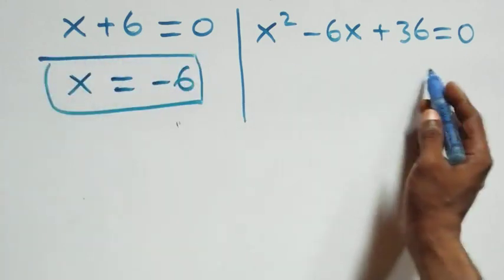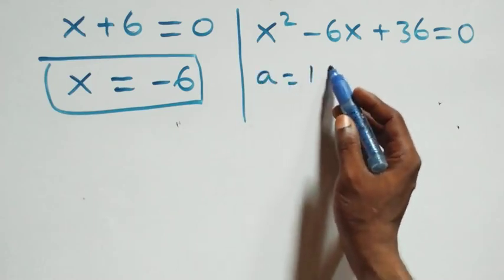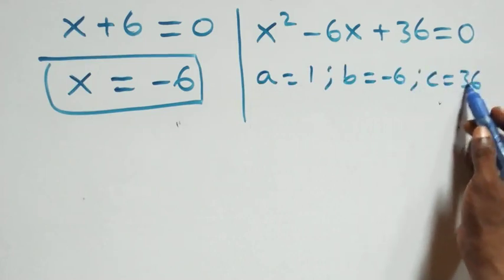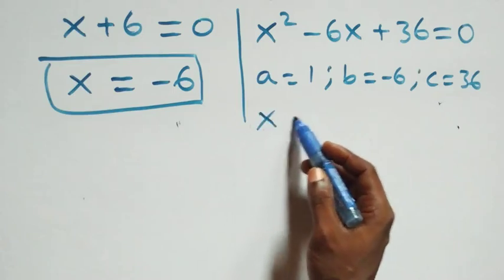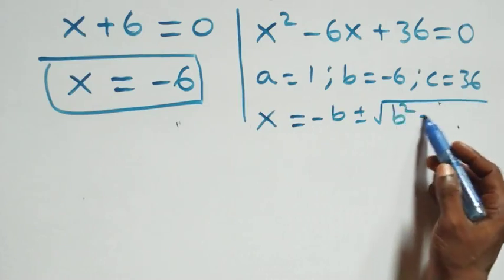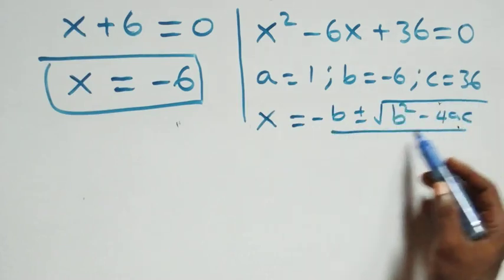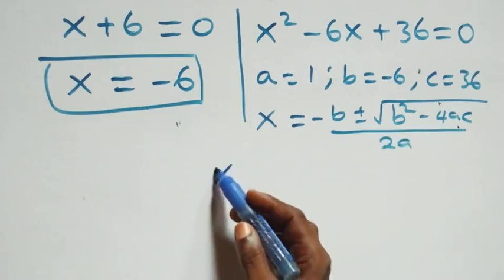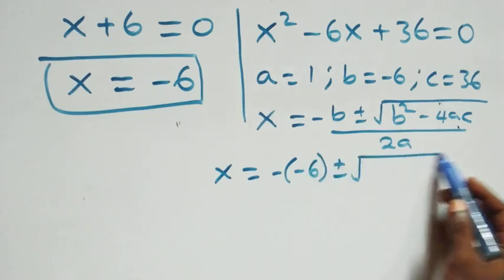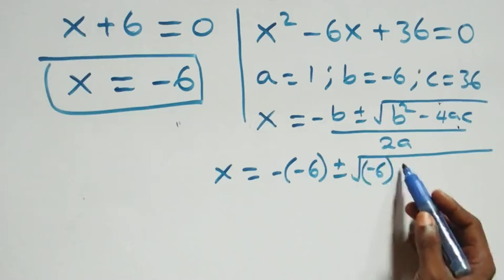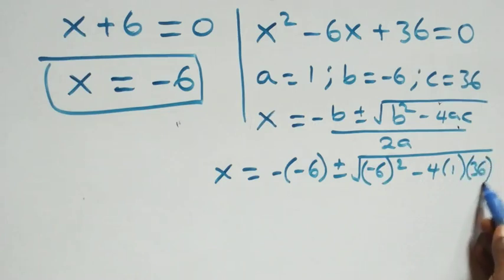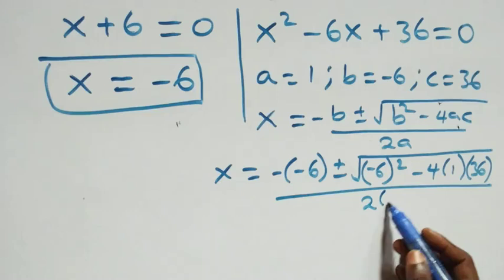And from here we have a quadratic equation where a equals 1, b equals minus 6, and c equals 36. Applying the quadratic formula, x equals minus b plus or minus square root of b squared minus 4ac, over 2a, we get x equals minus of minus 6, plus or minus square root of minus 6 squared minus 4 times 1 times 36, over 2 times 1.